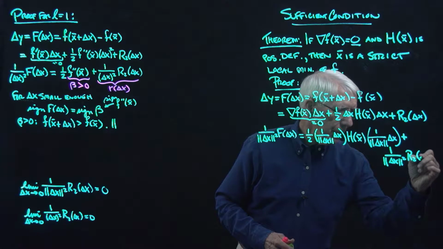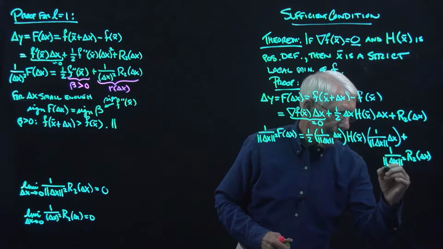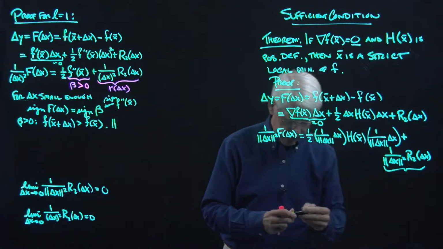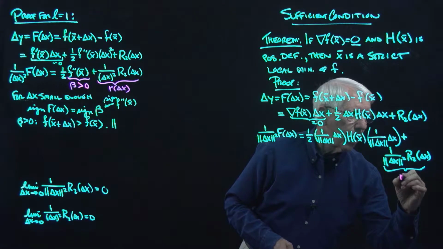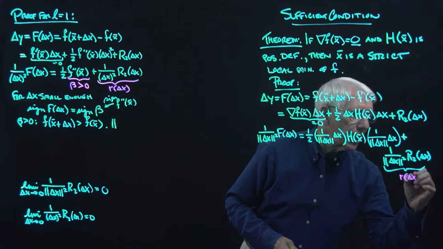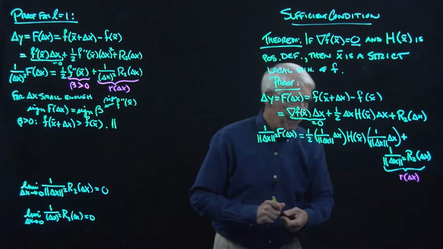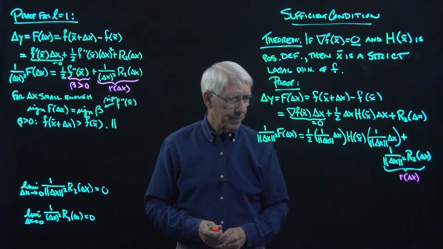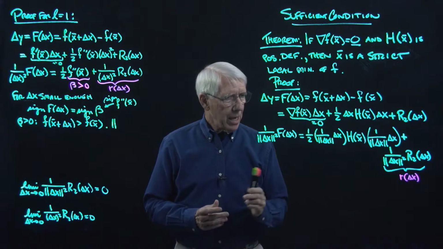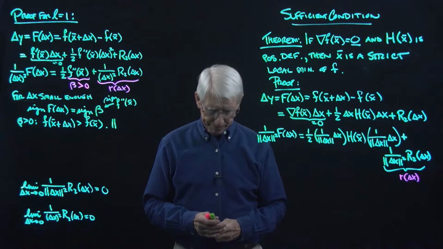R2 of delta x. Again, as we did over here, let's call this r of delta x, just to give it a nice shorthand name and to emphasize this whole thing is simply a function of delta x. And so now we have to do a little trick here.